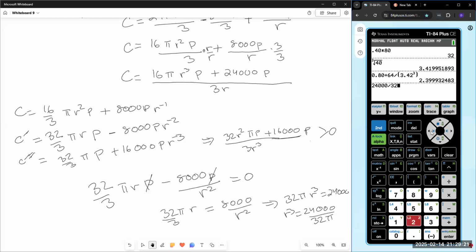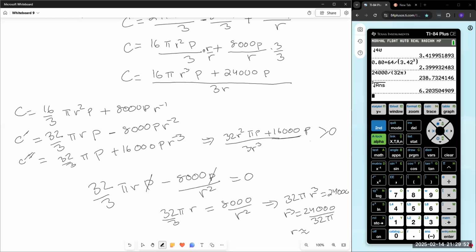And I know that you all probably want to approximate this. So then I want to take the cube root of that, and get that r is just about 6.20 feet.